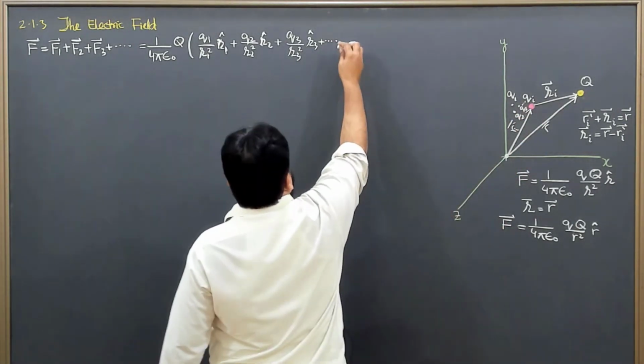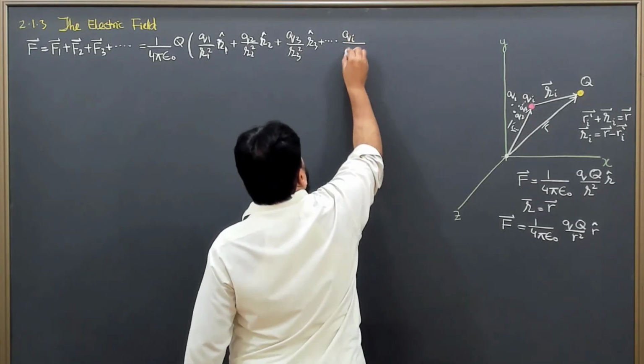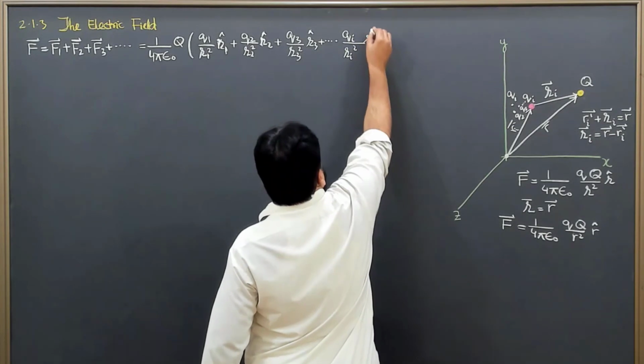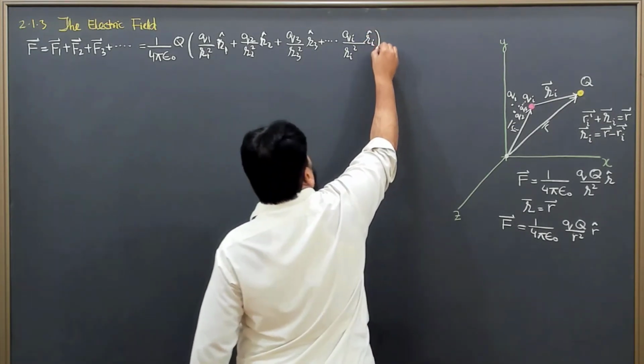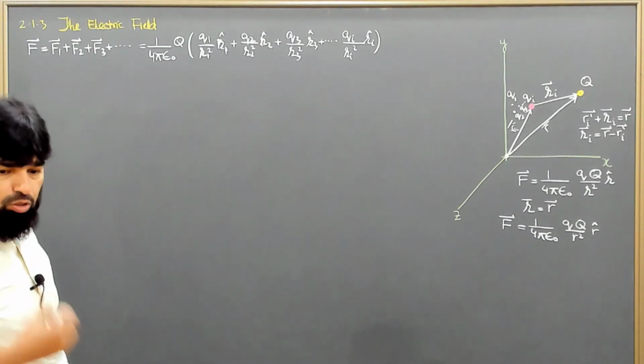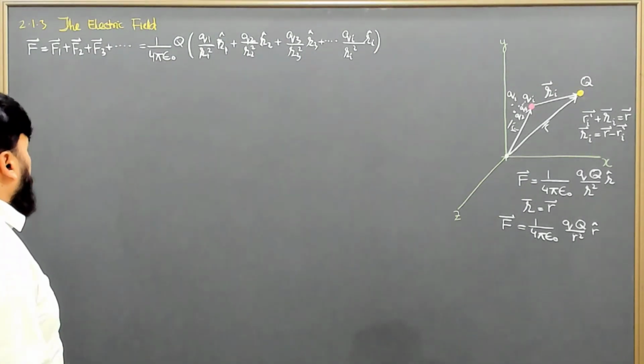So I will have Qi here divided by Ri squared and Ri in the direction of it. So this will be the total force, or the net force that we will have here.